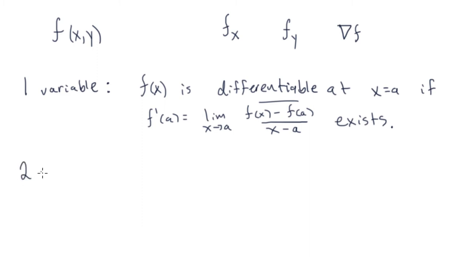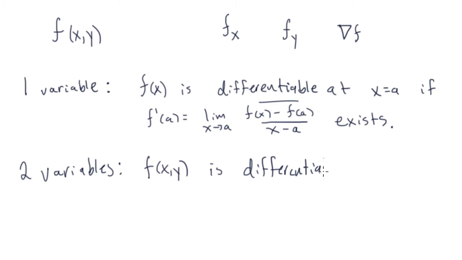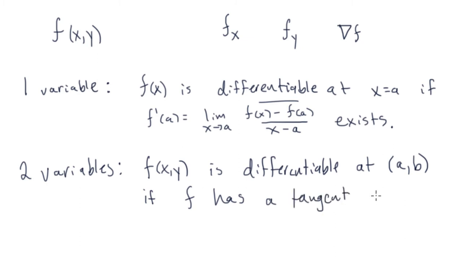So in two variables, the idea is going to be that a function is differentiable, here again we're in two variables, so at some point in the plane, if f has a tangent plane at this point, a, b.